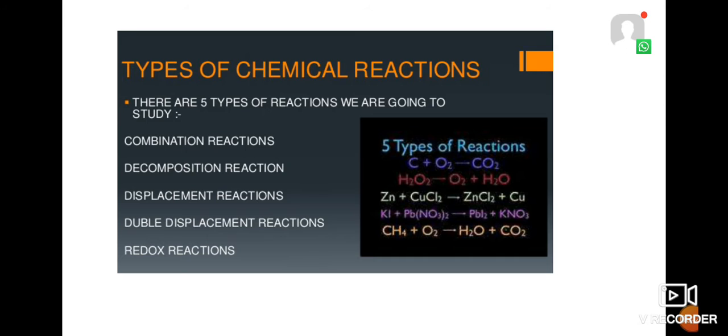Normally, there are 5 types of reactions that we are going to study in this syllabus, starting with combination reaction, decomposition reaction, displacement reaction, and double displacement reaction. Alongside, we have a 5th type of reaction that is called redox reaction or oxidation reduction reactions.